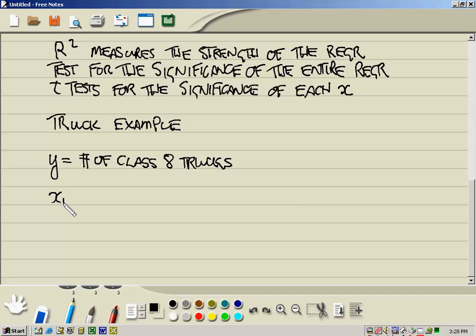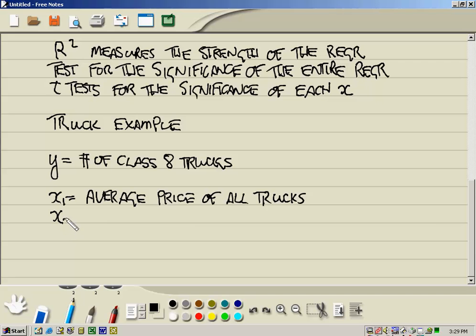We will use two variables in an attempt to predict the number of Class 8 trucks sold. The first one will be the average price of all trucks. We really would like to have the average price of the Class 8 trucks, but that's not available, so we're going to use all trucks as a similar measure, and hopefully they're closely correlated.